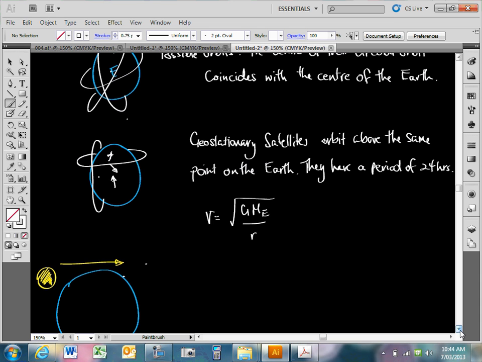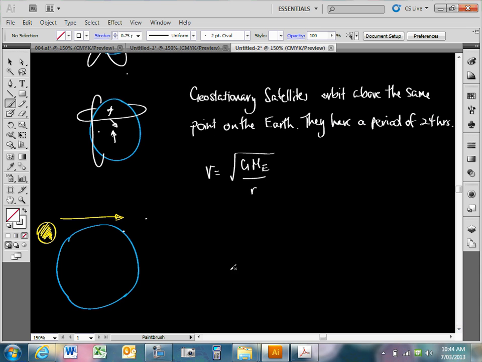And so geostationary satellites, they said in that video that this distance here, this altitude, is about 36,000 kilometers. Approximately.